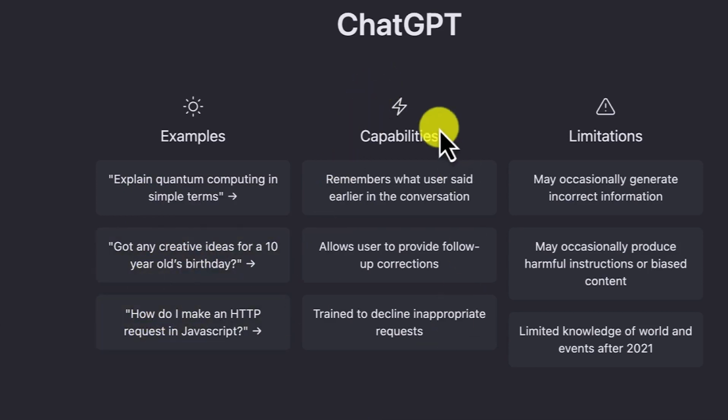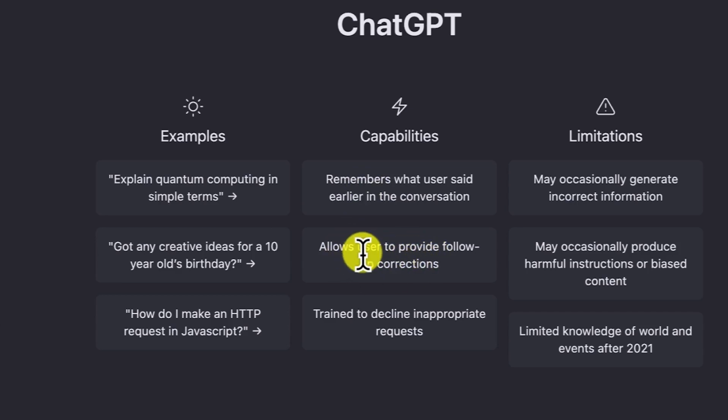And then you have capabilities. This section talks about what ChatGPT can do for you. It can remember what users said earlier in the conversation. So just take note of this: once you start a conversation, the AI can remember what you said in that particular conversation and allow users to provide follow-up corrections.